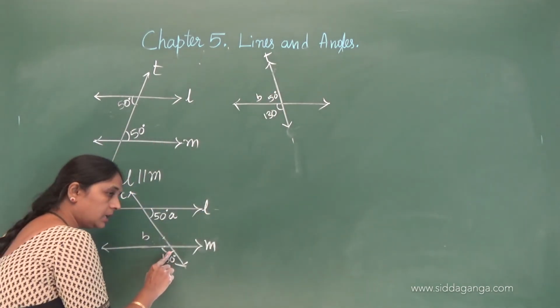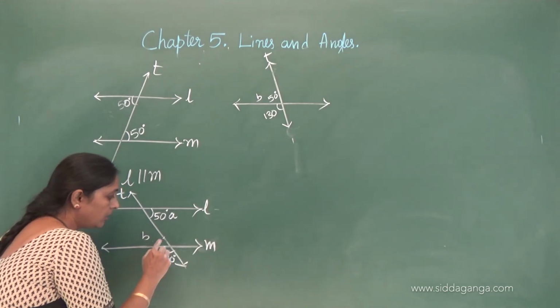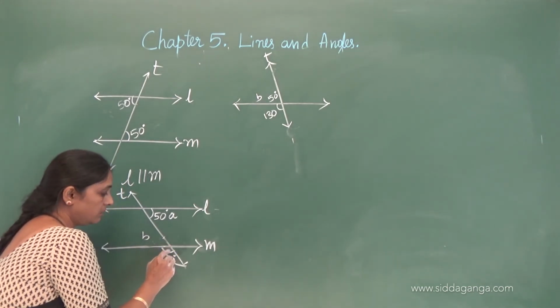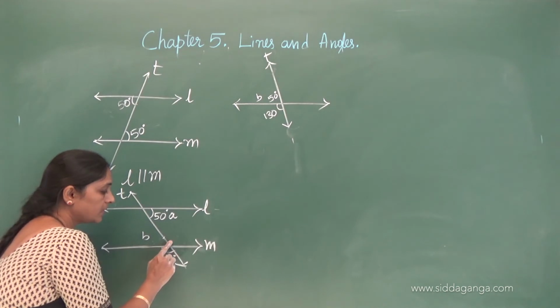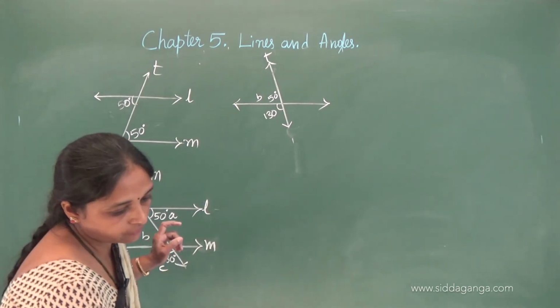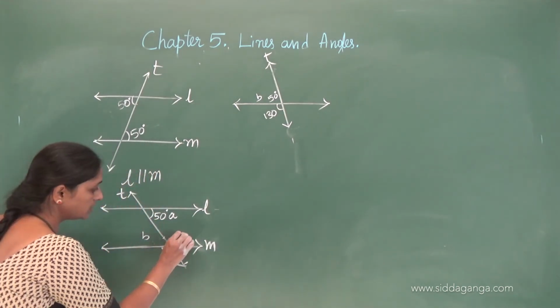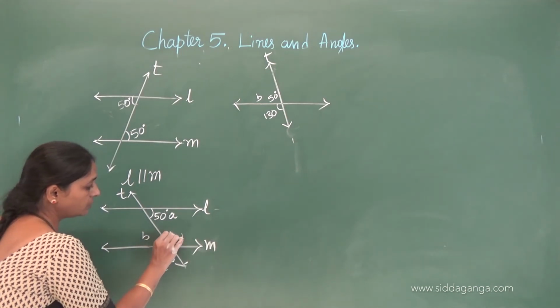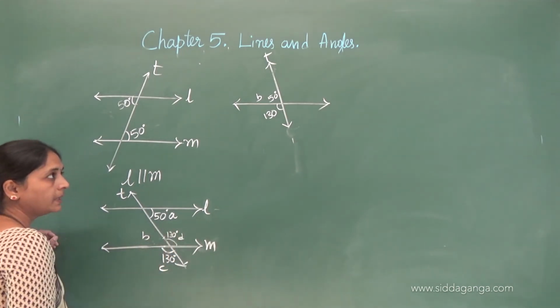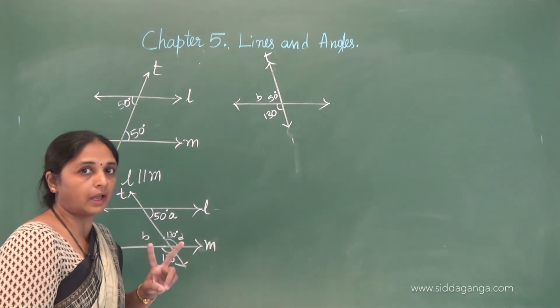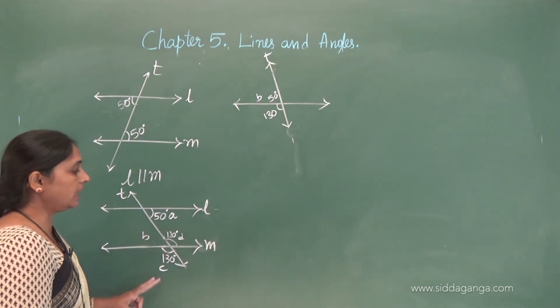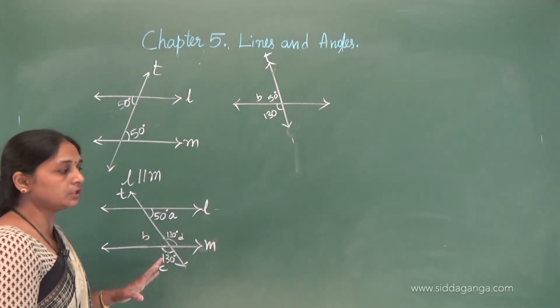Otherwise we can take the vertically opposite angle. Consider this as D, the vertically opposite angle for this, which is 130 degree. So we have two ways to tell these two lines are parallel to each other.